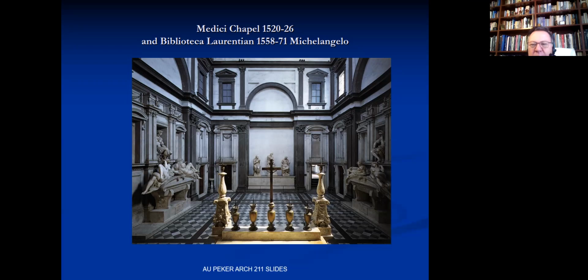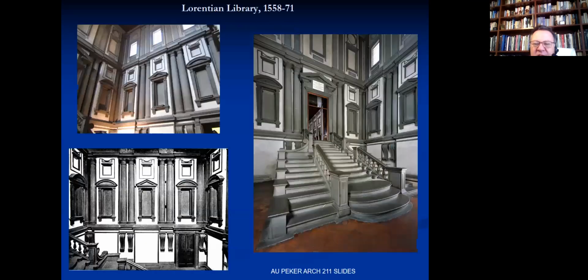But this dominating library is a great idea, and this vestibule and the library, and the staircase is the most well-known design of Michelangelo as an initiator of Baroque, but within a Mannerist attitude, of course.